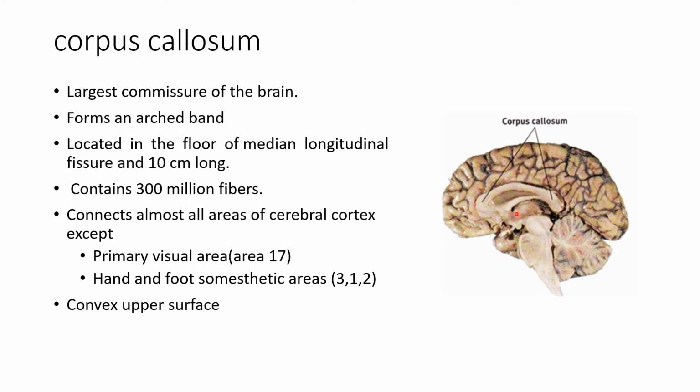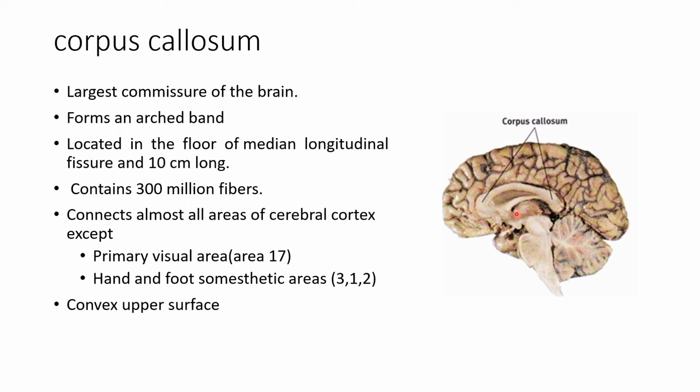So in the floor of that median longitudinal fissure, you will see the corpus callosum, and the length of the corpus callosum is about 10 centimeters. It contains nearly 300 million fibers.